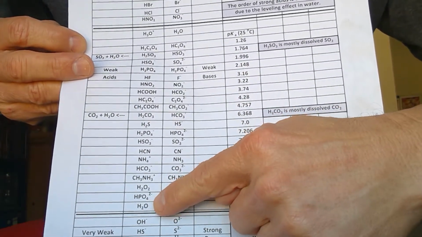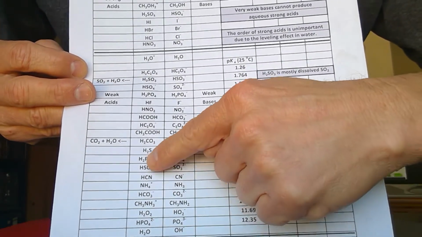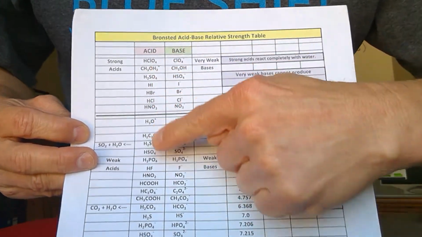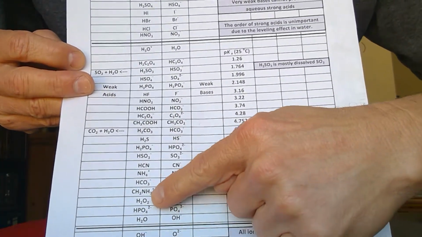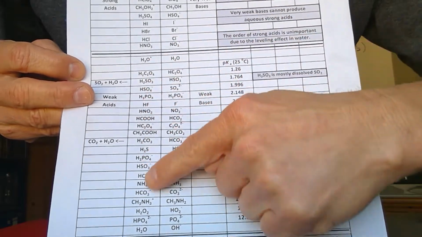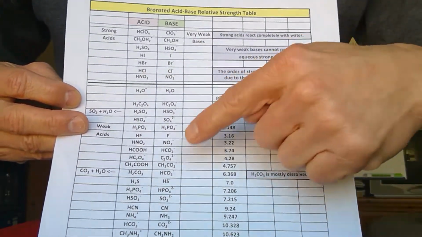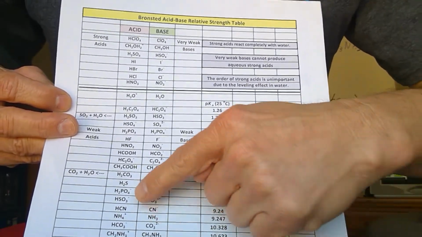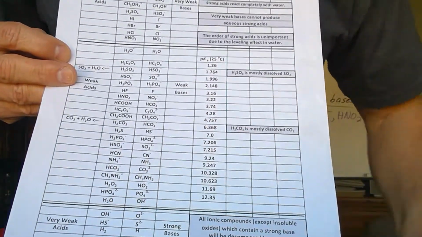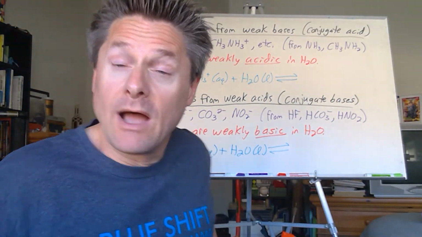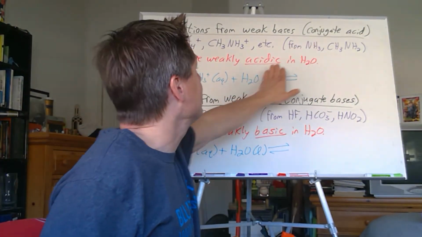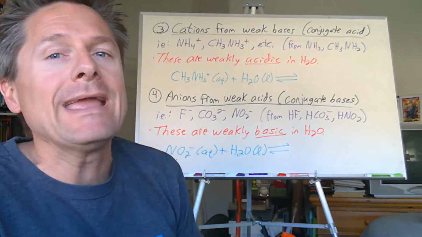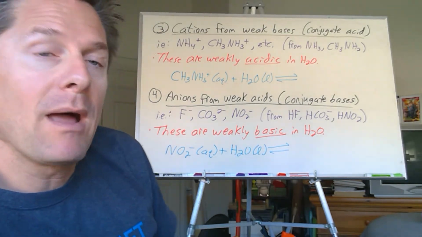See where water is right here? Since acids are stronger on top, any acid above water is a stronger acid than water, so it will react with water as an acid. So any weak base that produces a conjugate acid higher than water is going to ionize in water and create an acidic solution. It'll be a weak acid, so we could apply ICE table problems to that.